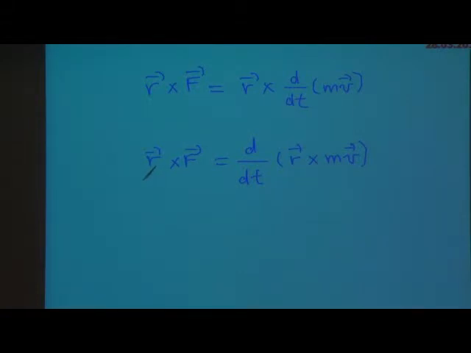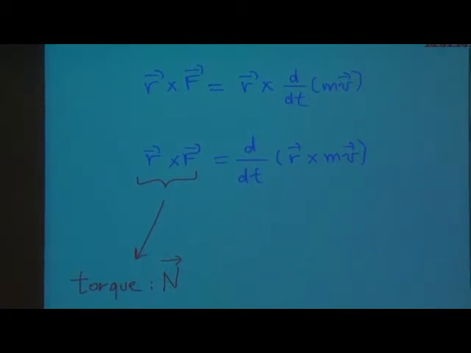So this quantity here is what we would call the torque, and it's shown with a symbol N. It's a vector.